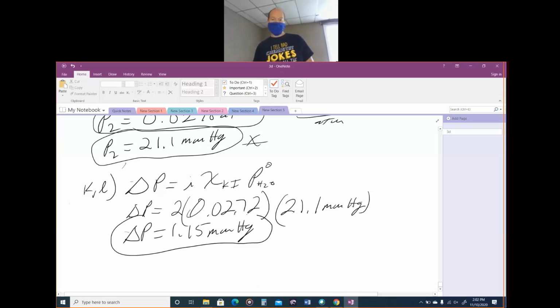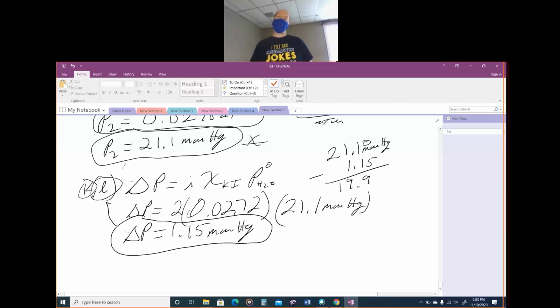All right, so that is the answer to L. L says calculate the vapor pressure lowering. That is the vapor pressure lowering at the 20 degrees Celsius. All right, and of course, for K, if I started with 21.1 millimeters of mercury and it lowered by 1.15, then my vapor pressure is 19.95.